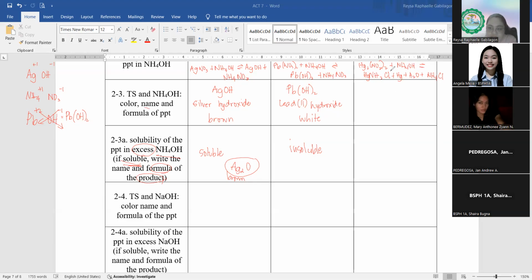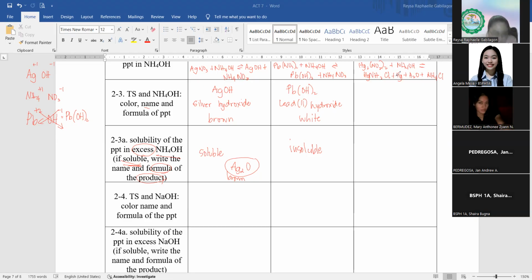In a sense, this is a combination reaction and at the same time a decomposition reaction. Combination in the sense na you have here the combination of the mercury, itong NH2 from the NH4, and then Cl, may chlorine ka dyan na mafo-form.